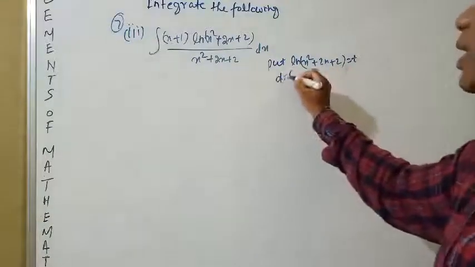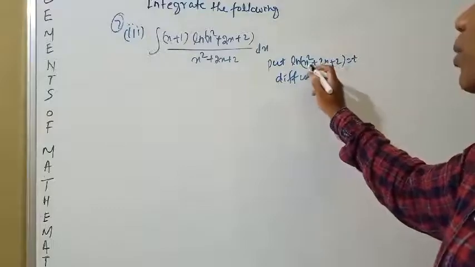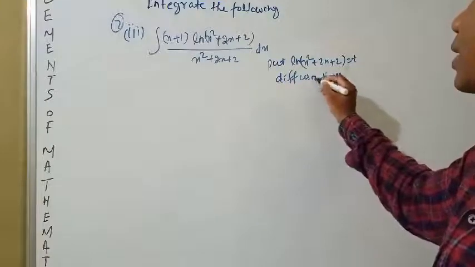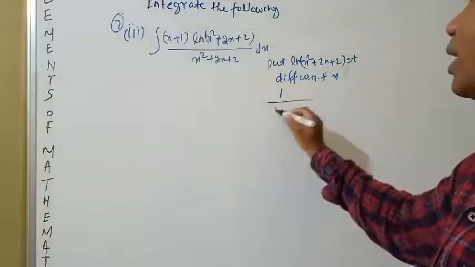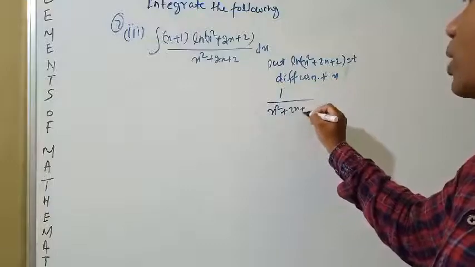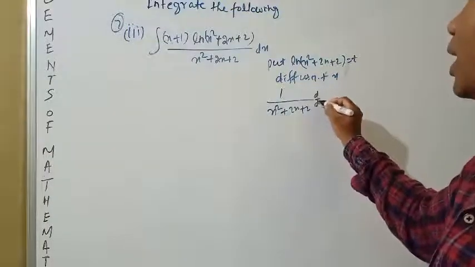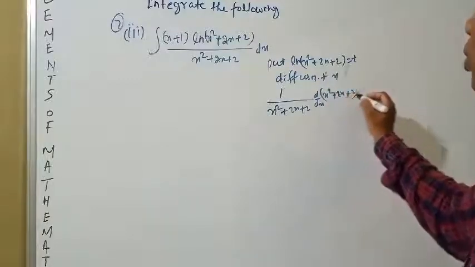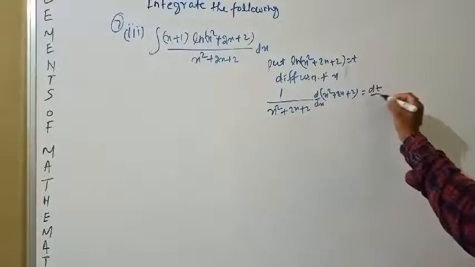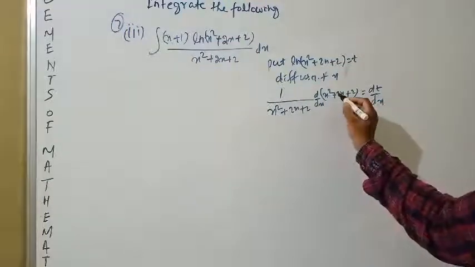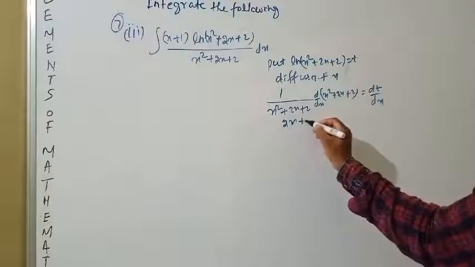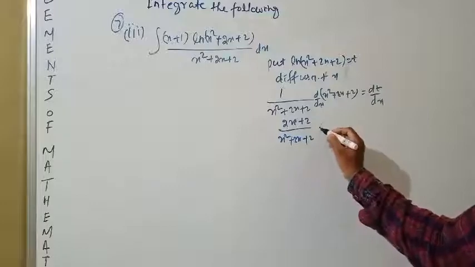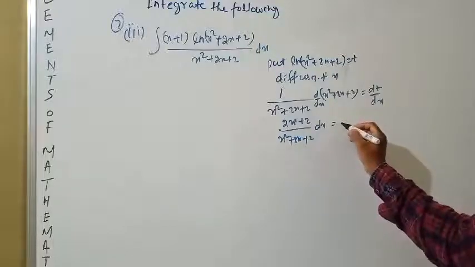Differentiate with respect to x, that is 1 by x square plus 2x plus 2, again derivative of x square plus 2x plus 2 is equal to dt by dx. Derivative of x square plus 2x is 2x plus 2 by x square plus 2x plus 2 dx is equal to dt.